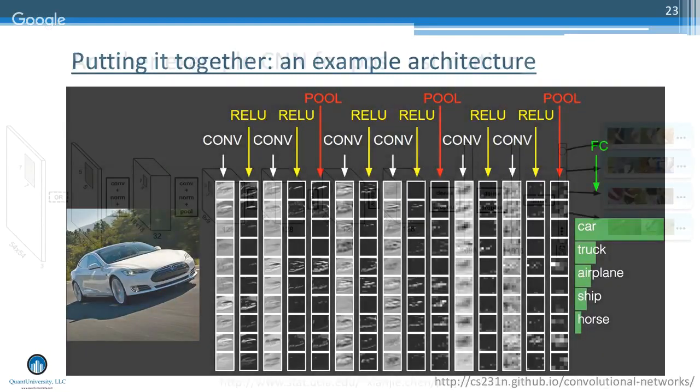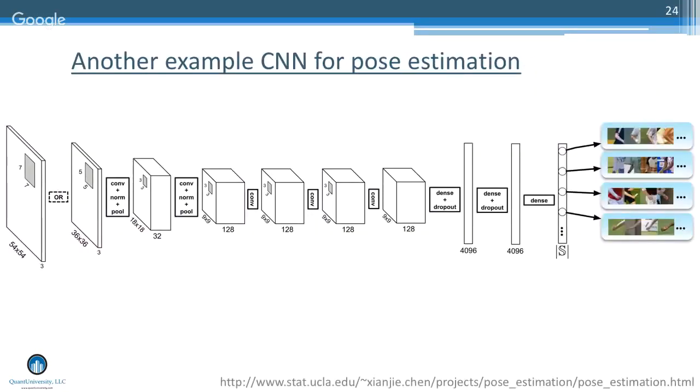Here's another example of what this kind of thing looks like in papers or blog posts about convolutions. Now that you have all the tools to understand what's happening, right? So here, for example, we start with images that are either 54 by 54 or 36 by 36. Depending on which it is, we do the 5 by 5 or 7 by 7 convolutions.